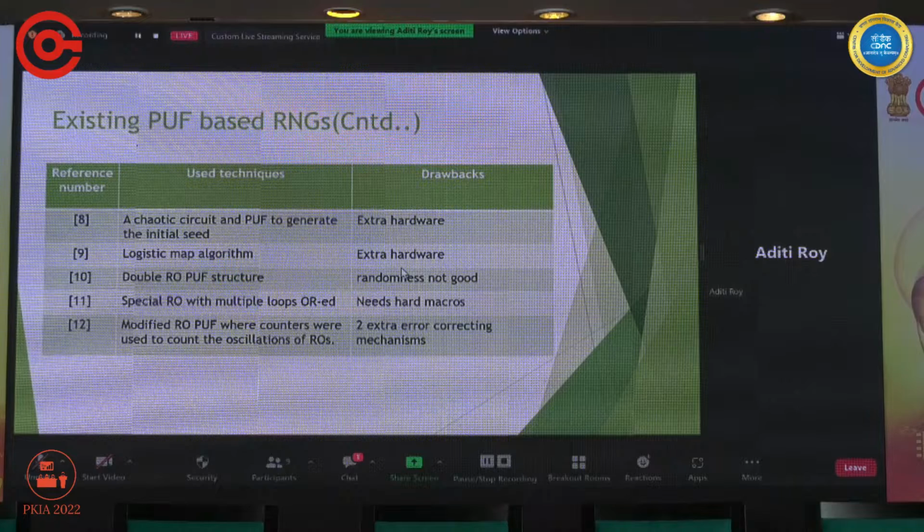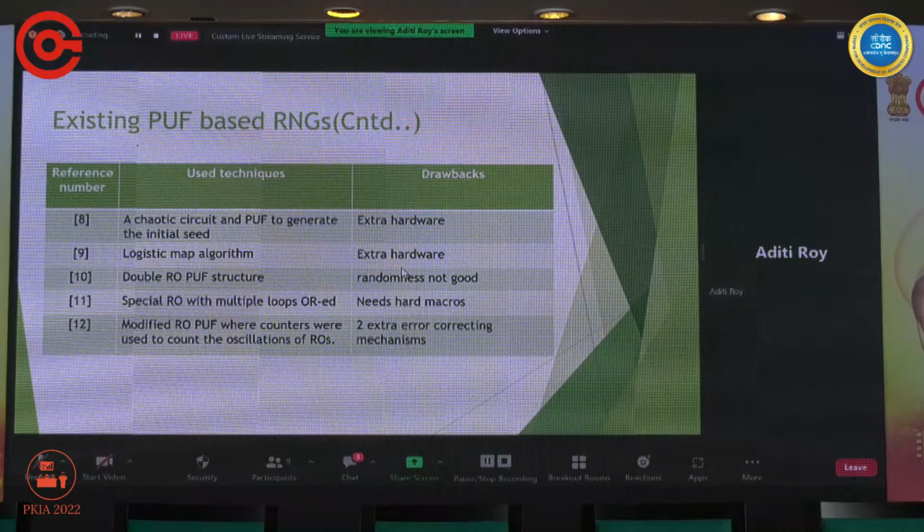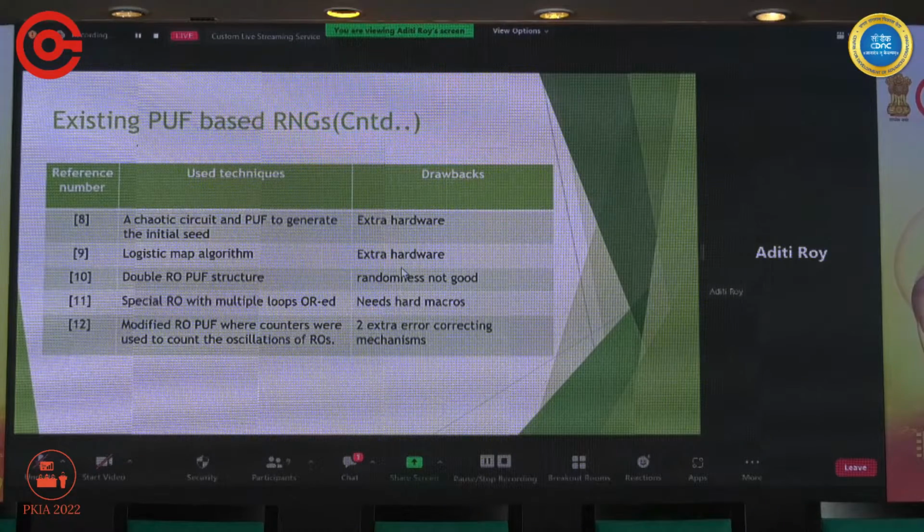Then the logistic map algorithm is a function that generates pseudo random numbers by implementing a mapping function. This also has the drawback of extra hardware. Then the double arbiter structure, where randomness is also not good. And the other works have hard macros and two extra error correcting mechanisms.